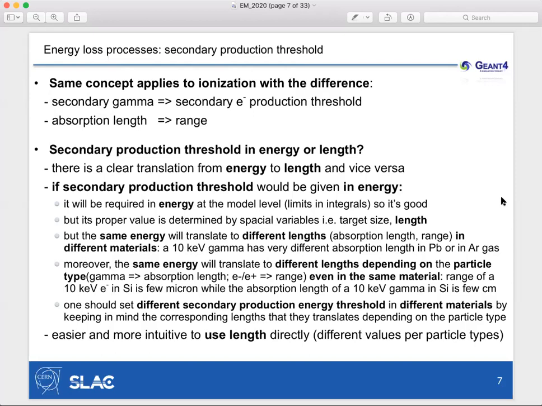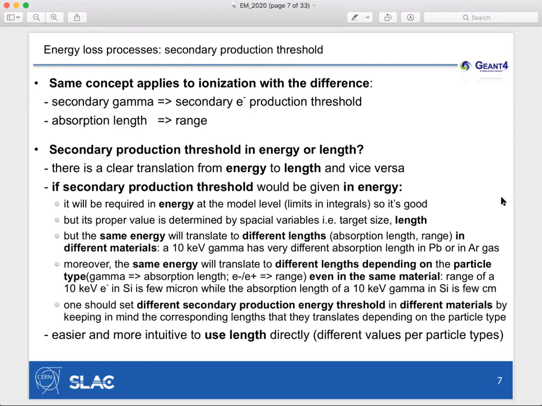Now, we get to this question again that, as you could see, when we are talking about the secondary production threshold, we are talking about an energy that actually gives a limit in the integral. But at the same time, when you want to imagine what would be the proper value of this energy, you actually need to translate this energy to a length, because we were talking about a spatial resolution.